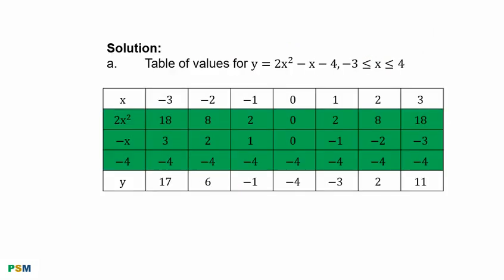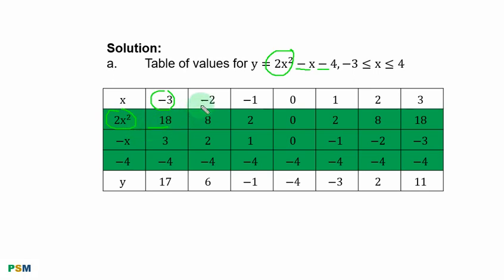Solution. A part is to complete the table of values. Already you have the x values, then y. For us to get y, we need 2x squared minus x minus 4. The minus 4 is a constant, so you write it under each value of x. Let's compute 2x squared. First, you square minus 3, that is 9, times 2, you have 18.